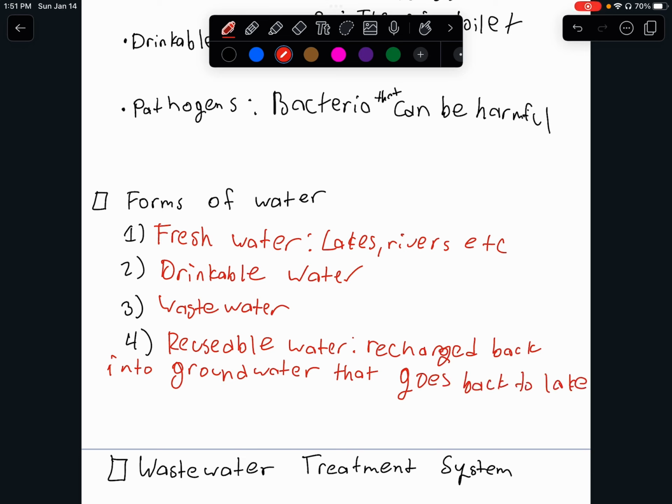So reusable water is water that's been cleaned and recharged that's safe to go back into a fresh body of water. Like for example, let's say I use the bathroom, brush my teeth, I spit the water out of my mouth into the sink. As it goes to the piping system, the water I used to brush my teeth goes back into the freshwater system of, for example, Lake Ontario.